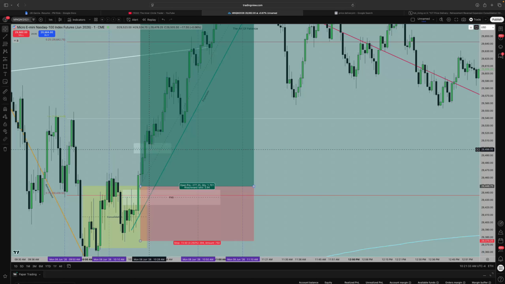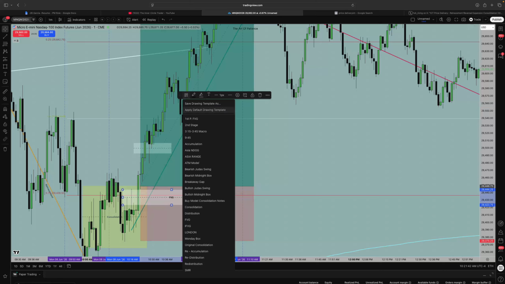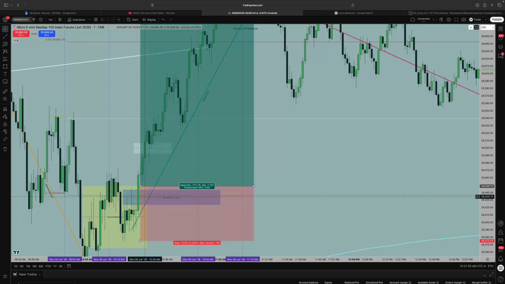But if the bodies open below, that's a sign of weakness. So we already have this gap here. This is not only a fair value gap, but it's a breakaway gap because price did not come down to the midpoint to test it. This is showing you a sign of strength in this trade.